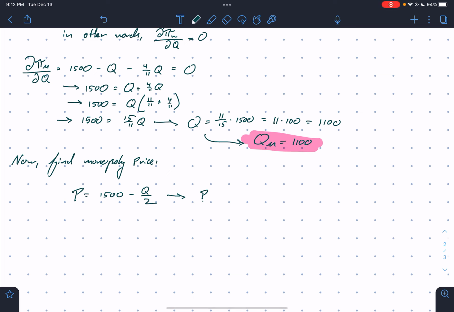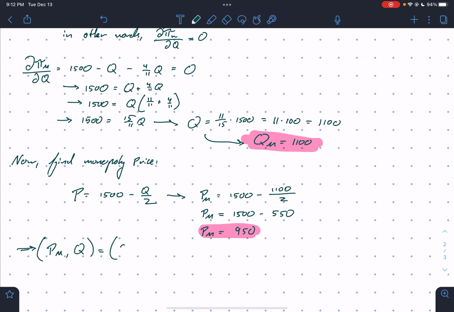So this means that the monopoly price is 1,500 minus 1,100 over 2, which is 1,500 minus 550. So PM is 950.